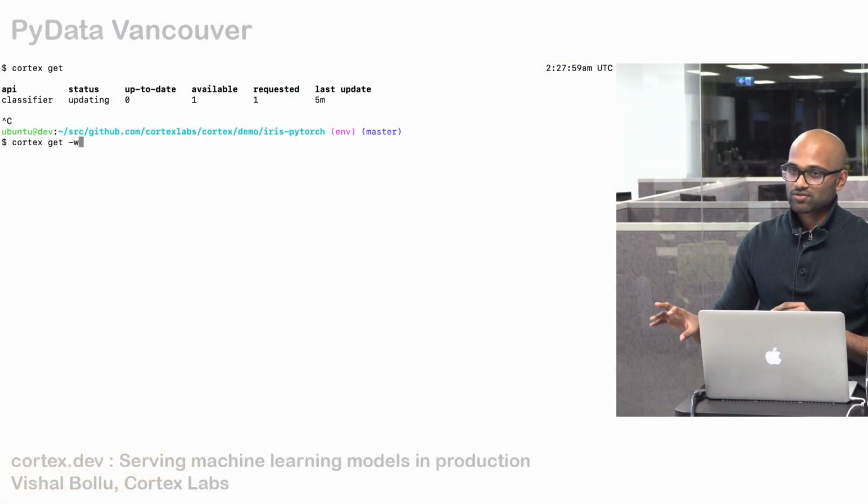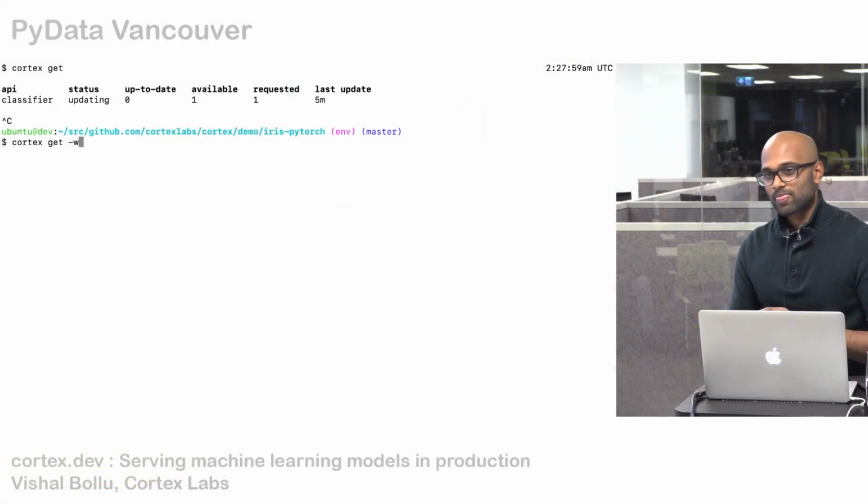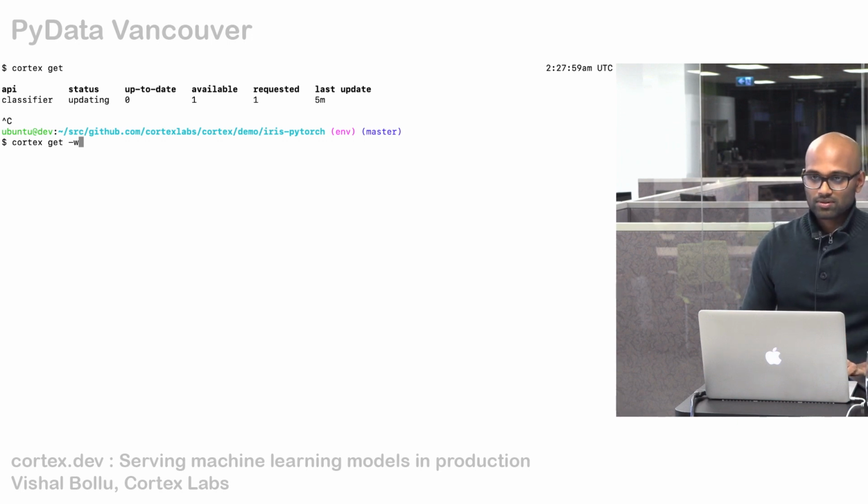Have you compared to SageMaker? Yeah, that's a good question. Yeah, we have compared it to SageMaker. SageMaker subsumes the model serving. It also has model retraining and a couple of other features. What we heard from people is that they feel SageMaker is a black box.